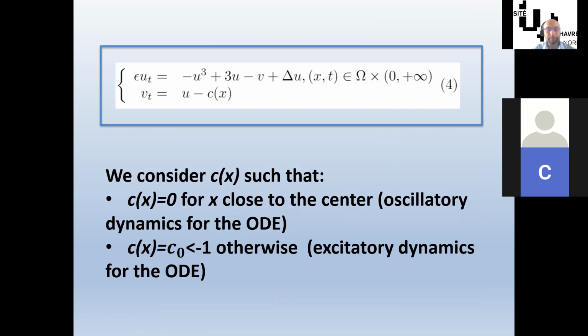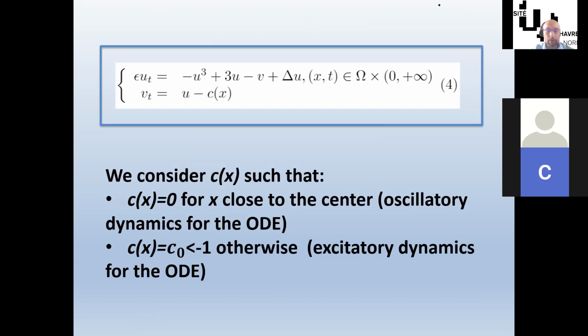Now I consider a PDE. So it's a reaction diffusion system. So I have boundary conditions, and I can take it in whatever dimension I want. So the domain can be just a bounded set in R or in R2.